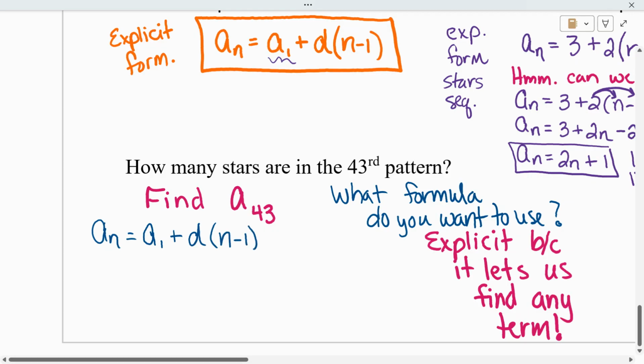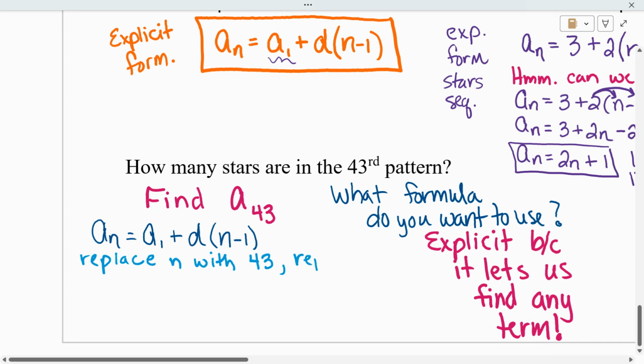What are we doing with the n? Not yet, not yet. We want to have a nice equation. What do we have to do with the n? What term number are we looking for? We're looking for the 43rd term. So we're going to replace the n with a 43.